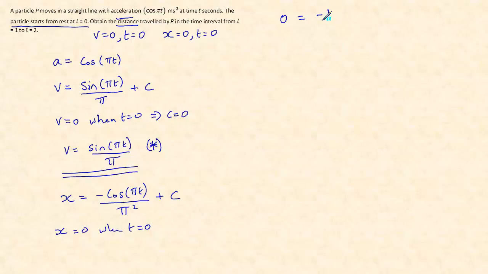So that's negative 1 over pi squared plus c, and that means that c is 1 over pi squared. So x is going to be 1 over pi squared, and we're going to have 1 take away cos(pi t).